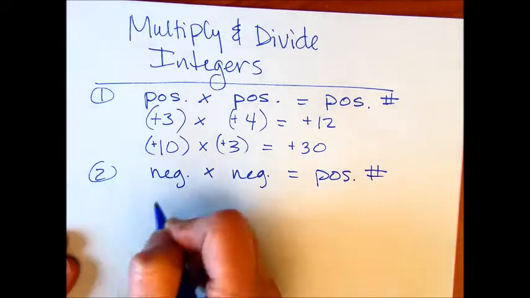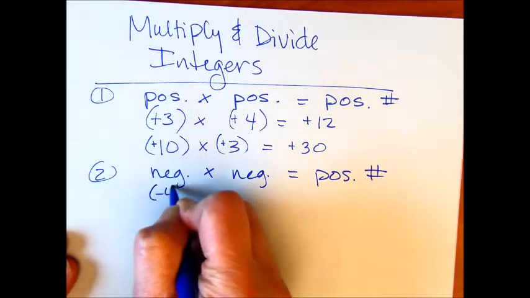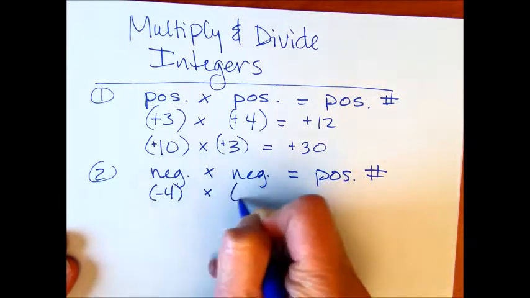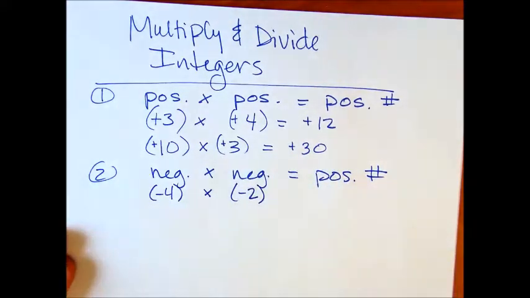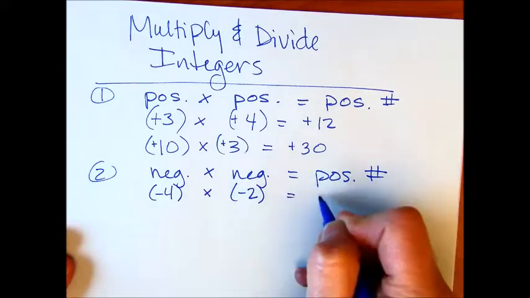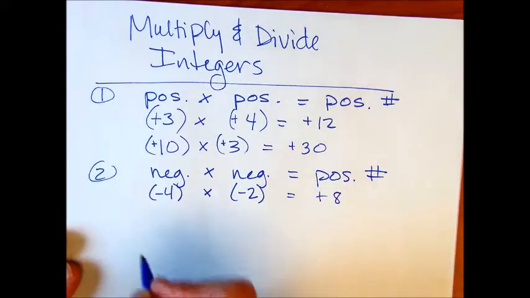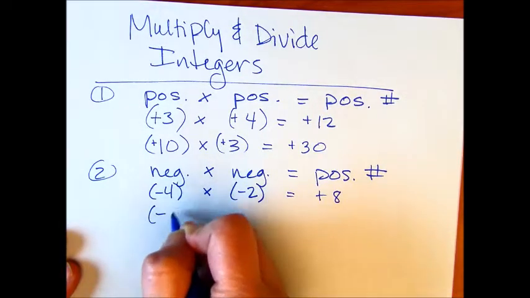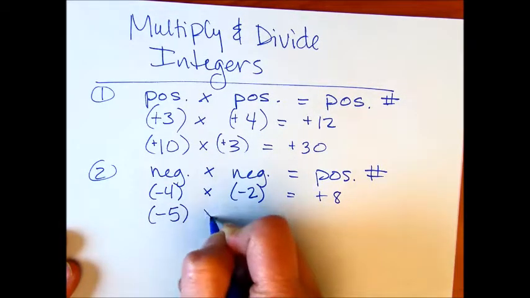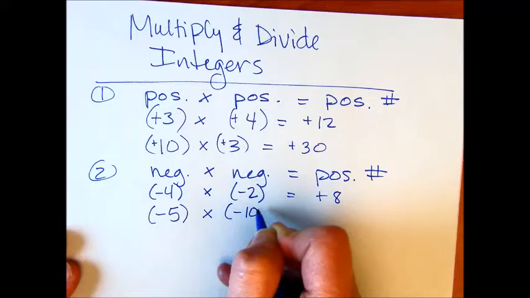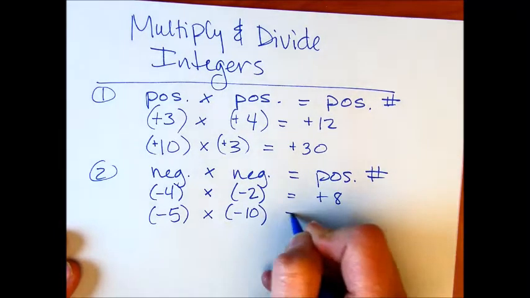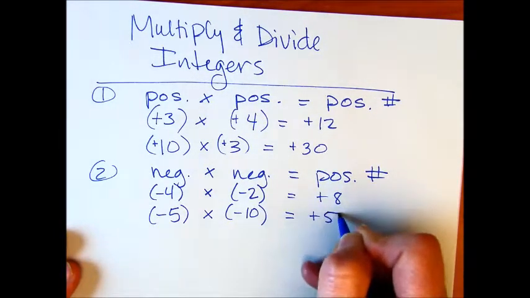An example would be negative 4 times negative 2. Negative 4 times negative 2 will give you a positive 8. Another example, negative 5 times negative 10 will give you positive 50.